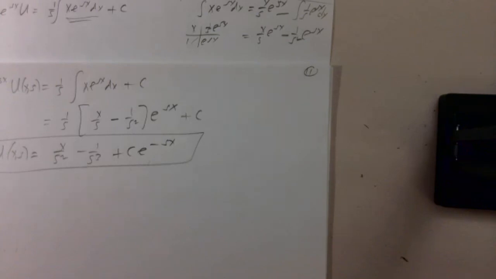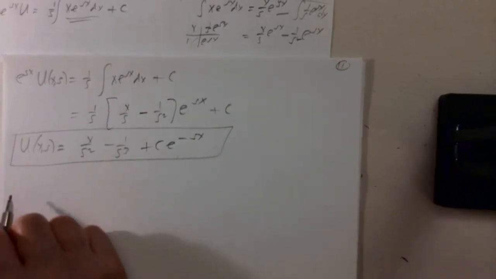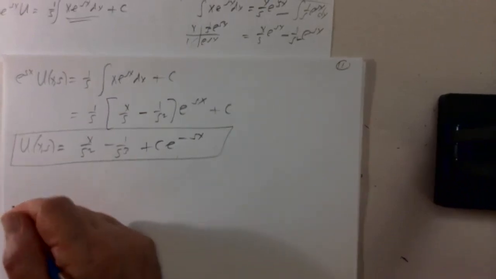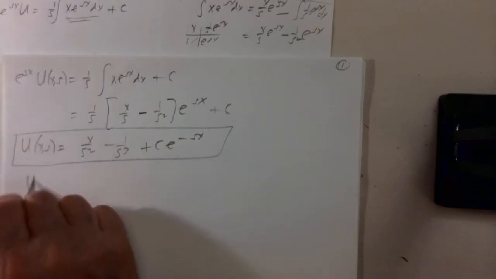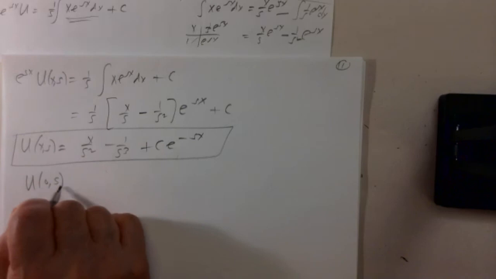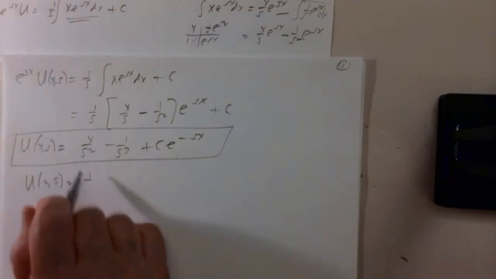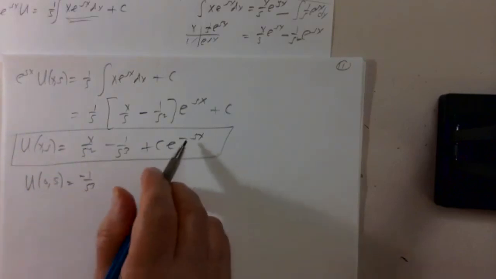Right? Any questions about this? Let's see. What is u of 0, s? This is 0. I get minus 1 over s cubed plus c.